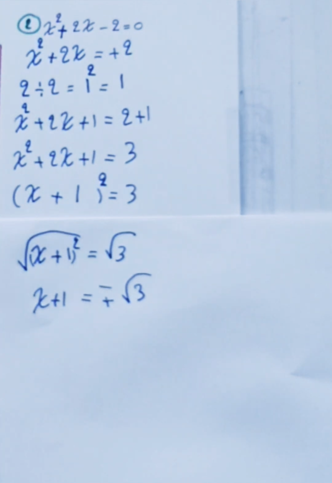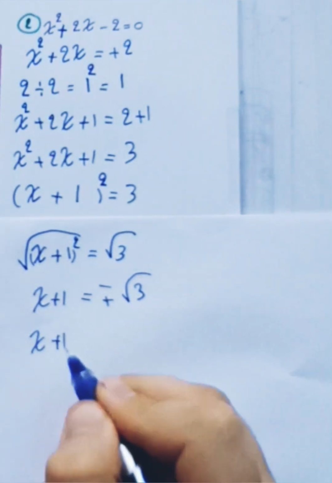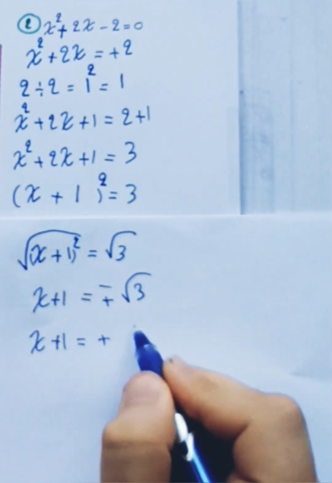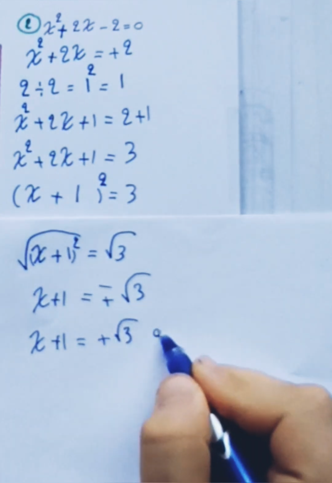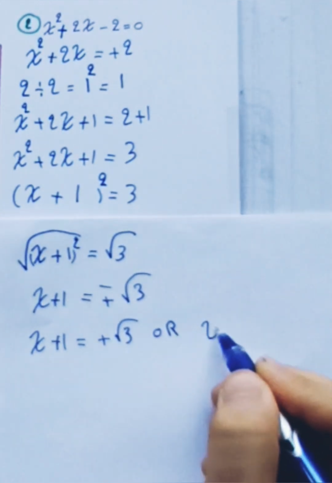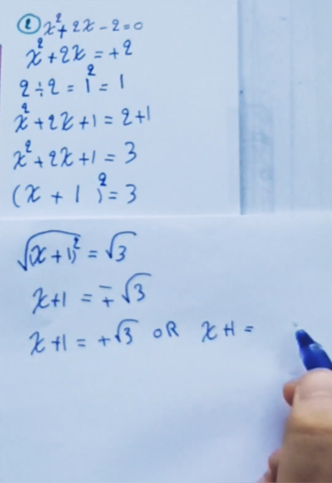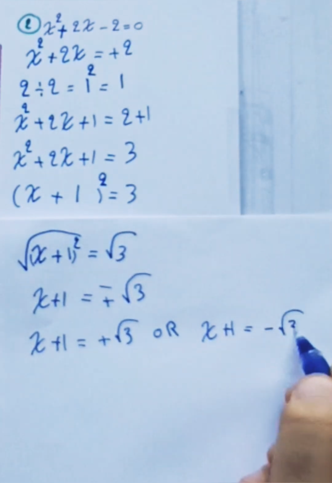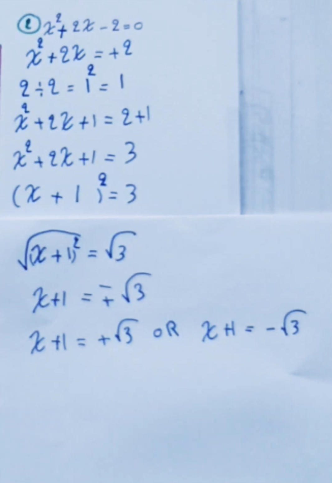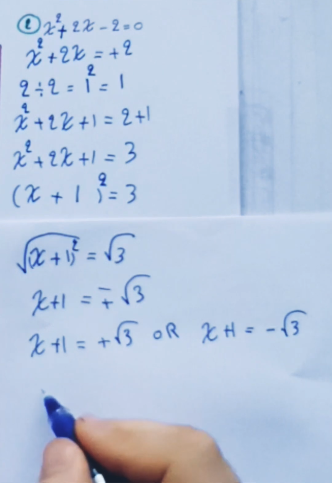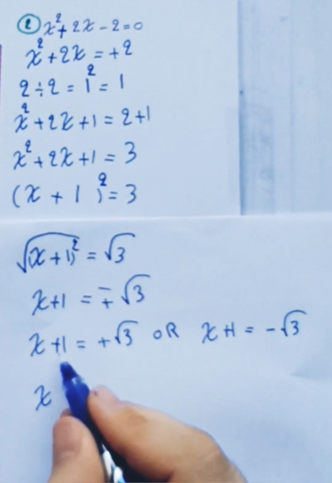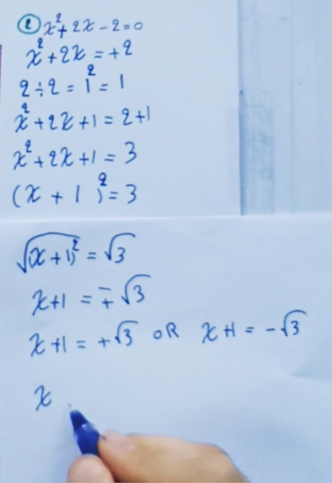After that, you have to write and solve two equations. X plus 1 equal to positive root 3, or x plus 1 equal to negative root 3, and then you have to find the value for x. So you have to change the place of positive 1 to the right side.